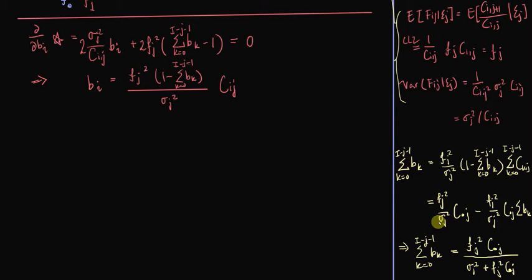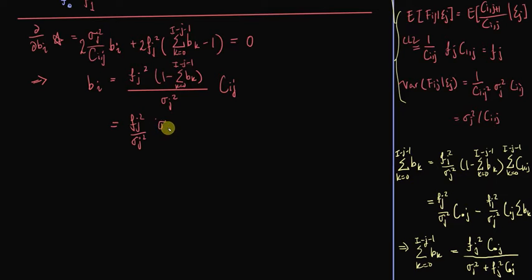Okay, so now we have an expression for the sum, which we may plug back into the expression for bi. And since we are taking this fraction and subtracting it from 1, that corresponds to subtracting the numerator from the denominator up here in the numerator.